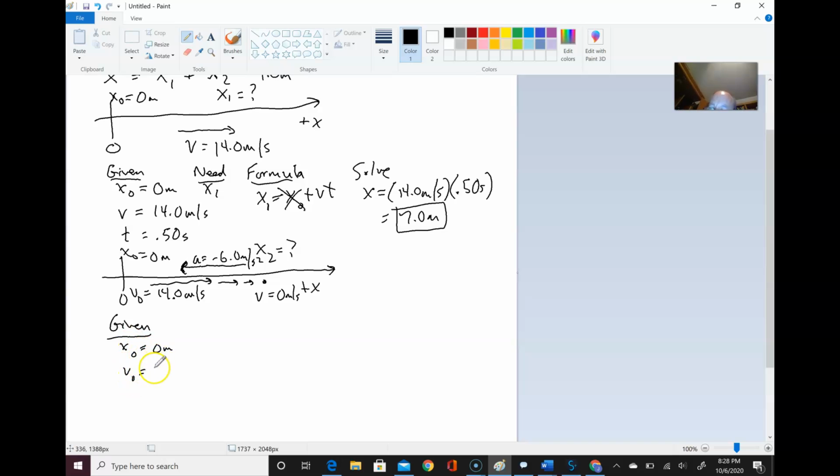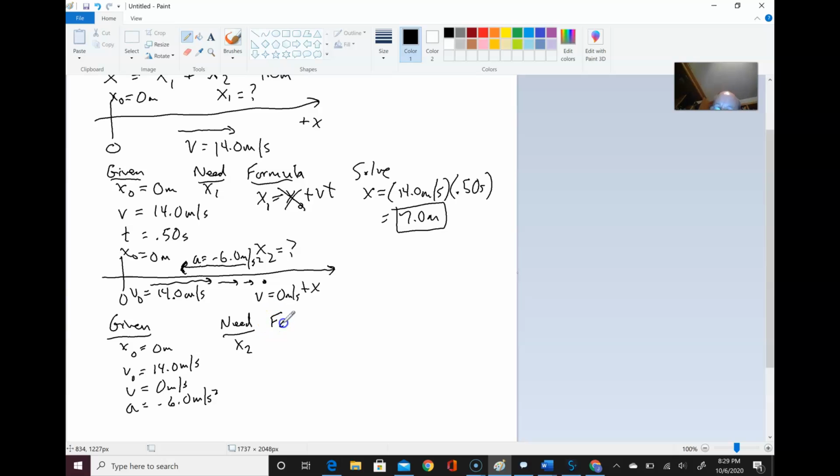The V0 equals 14.0 meters per second. Or I do need that actually. So let me put that. I need x2. That's my final position here. V equals 0 meters per second. My acceleration equals negative 6.0 meters per second squared. And I haven't been given a time.